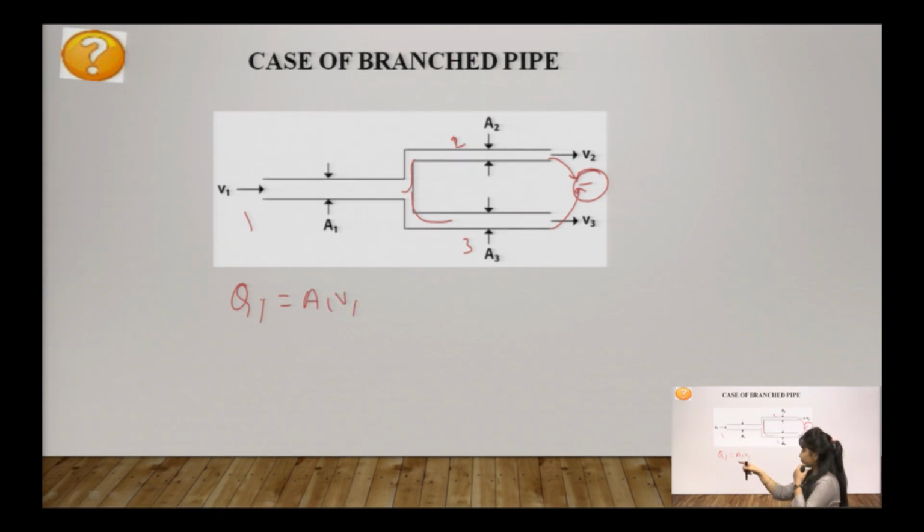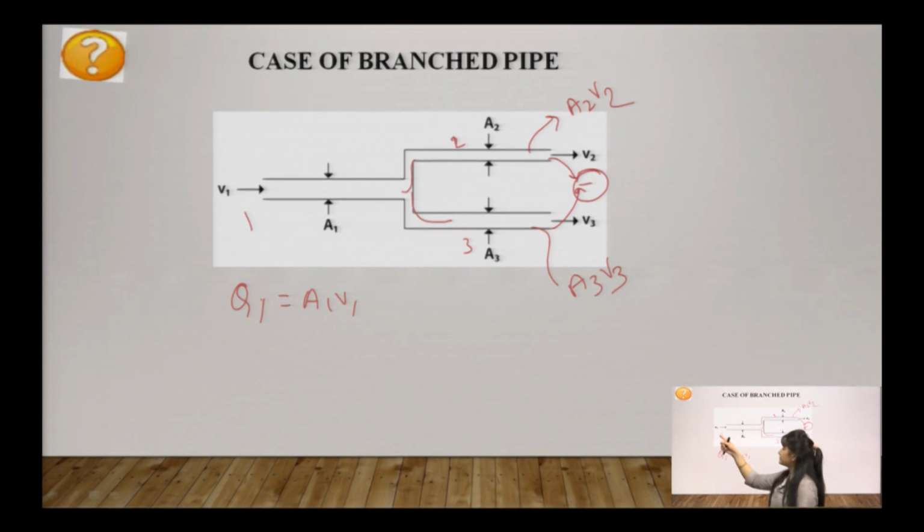Again, this rate of flow is being supplied to two different pipes of different diameters and different velocities, that is A2 and V2, A3 and V3. Let us calculate the discharge through this point. It will be A2 V2, and the discharge from this one will be A3 V3.